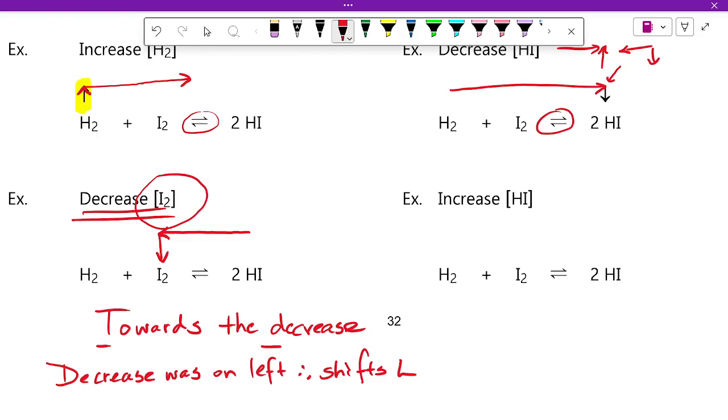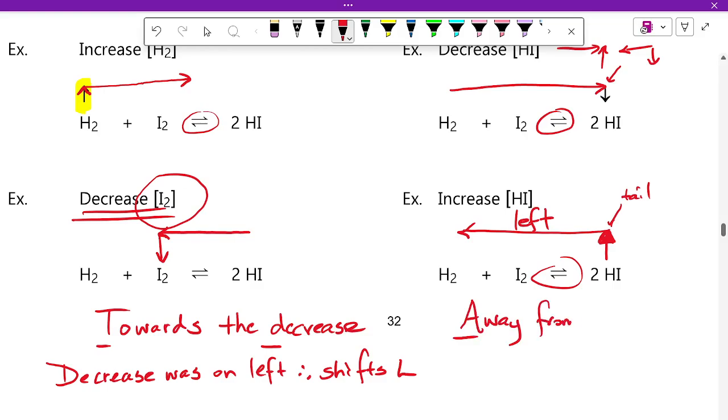Okay, so if we increase HI, and then we draw an arrow over top of the equilibrium arrow, this is the head of an arrow here, and this has to be a tail, which means this has to be the head, which means we are shifting left. Or you can say we shift away from an increase.